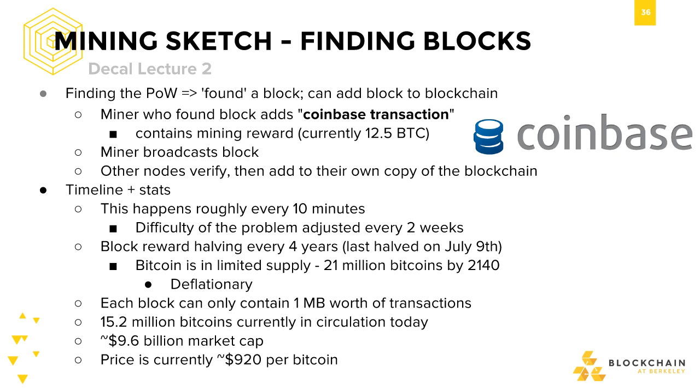And some other important implementation details. Each block can only contain 1 megabyte worth of transactions. So this is where the fees really come in. That means there's limited space for transactions in the Bitcoin network, because each transaction is a blob of bytes. There are inputs, outputs, addresses, signatures.